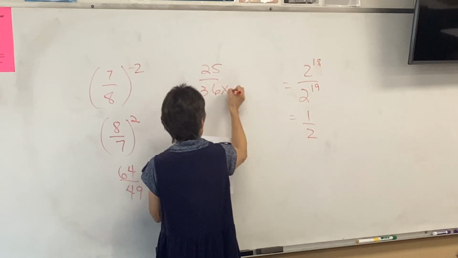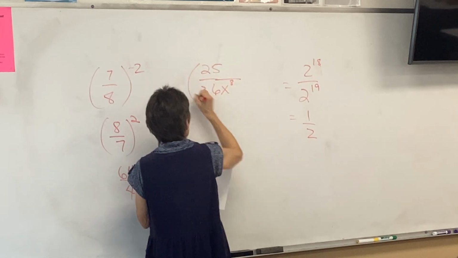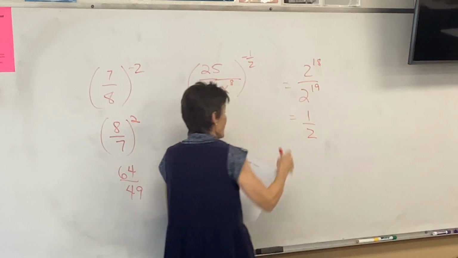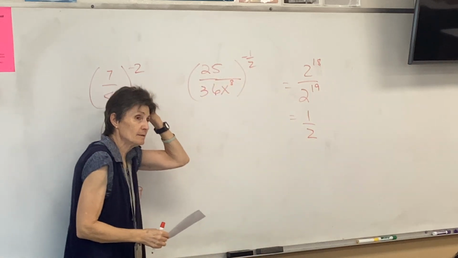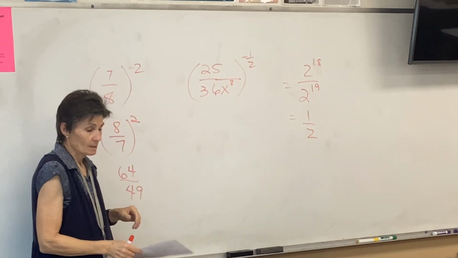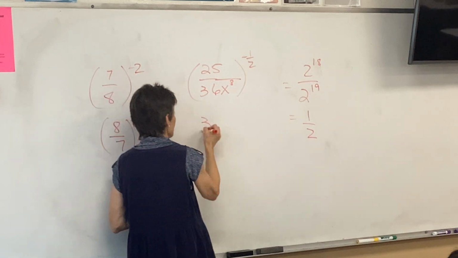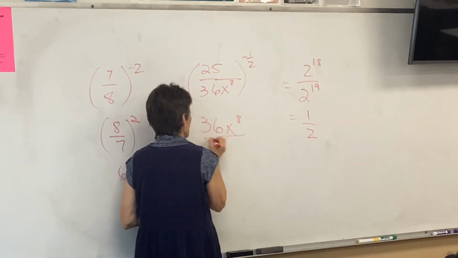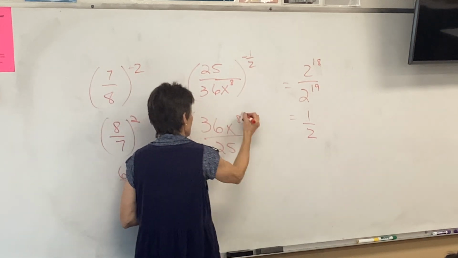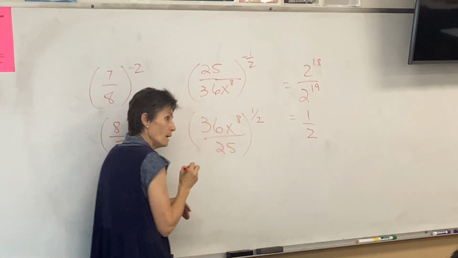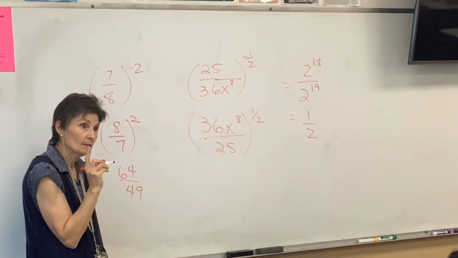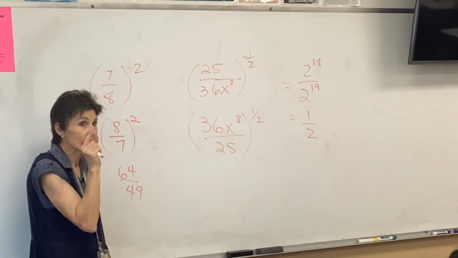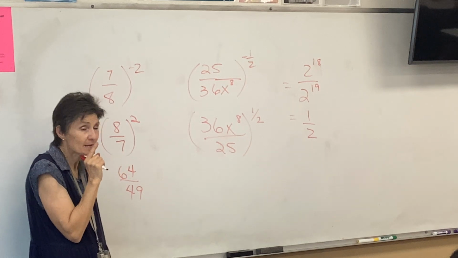25/36, x to the 8, to the -1/2. Well, again, you have a negative. So we're going to flip the whole thing. And then it's going to be to the 1/2. Now remember, what does a 1/2 exponent mean?